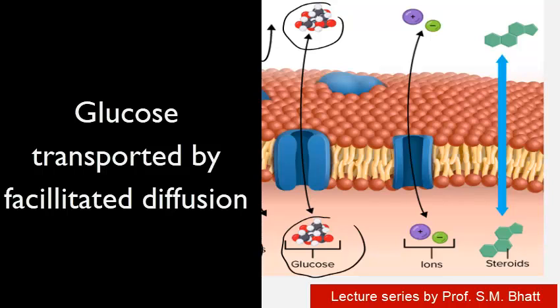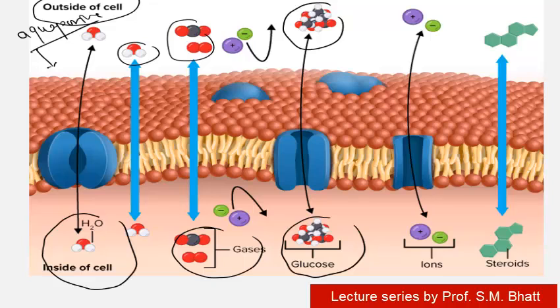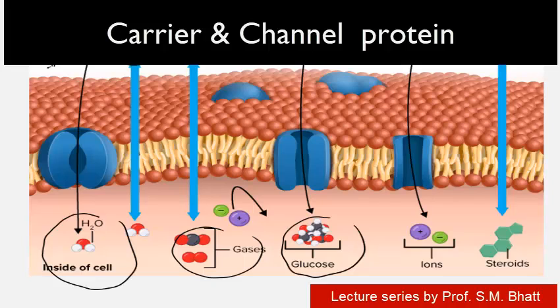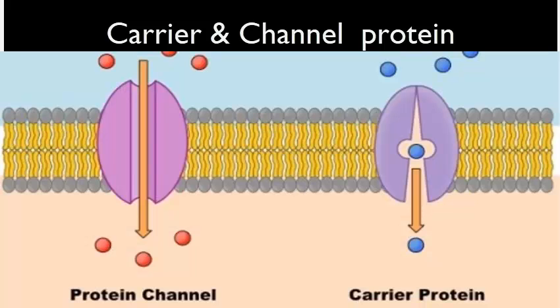I will tell you later that facilitated diffusion occurs via two modes, either carrier protein or channel protein. You can identify the difference easily, because a carrier protein changes shape, but here you cannot see any change in shape. So obviously this is not a carrier protein; this is a channel protein.